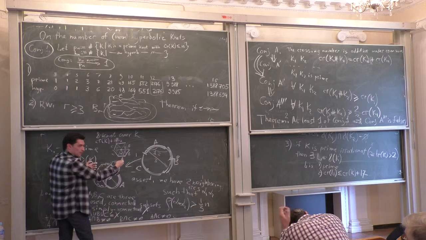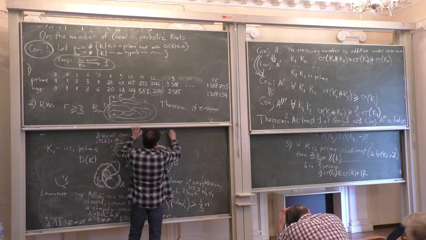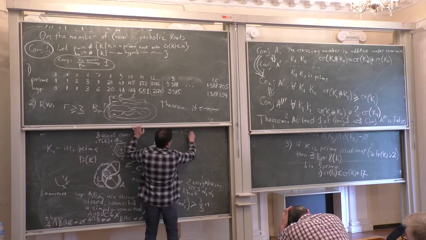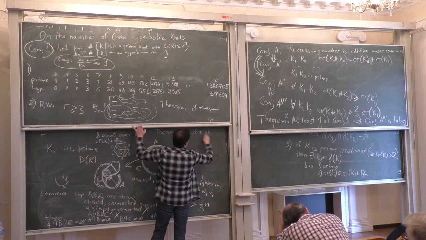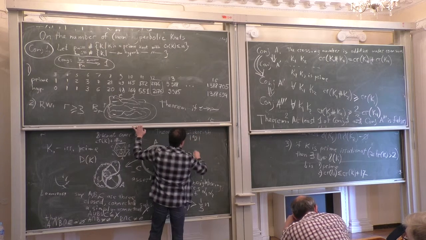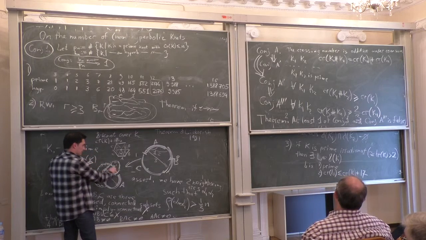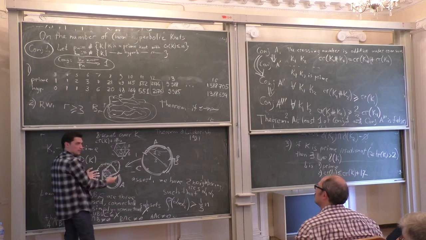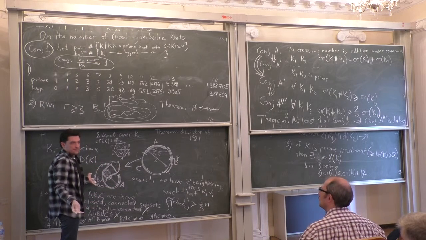It's also prime. And we have a theorem of Lickorish that if you have 2 prime tangles, then the sum is prime. So this knot is prime. That's all.